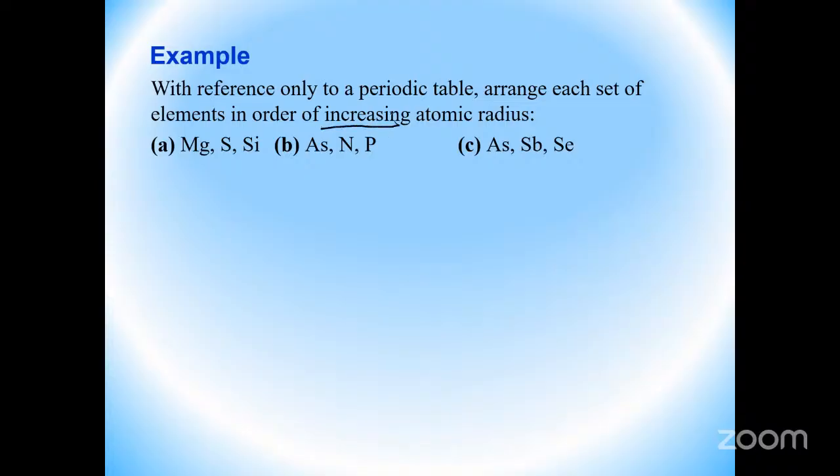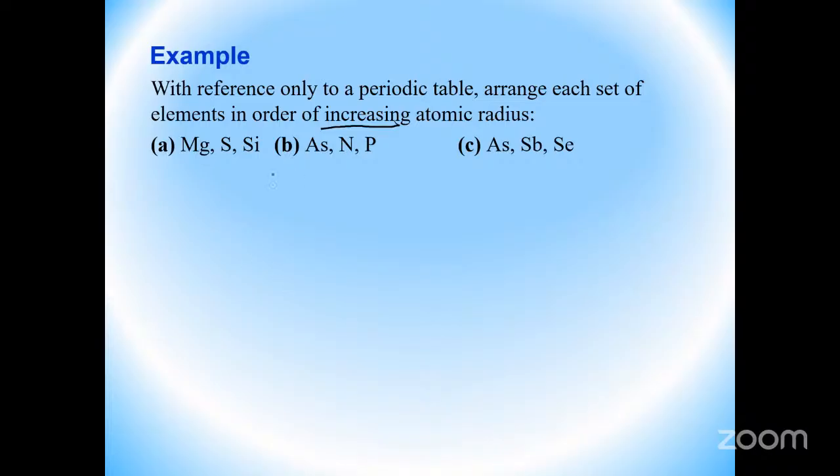In other words, you're going to start from the smallest radius to the largest, right? So between magnesium, sulfur, and silicon, which one would you expect to have the smallest radius? They're all in the same period. And remember now, going from left to right is how the radius will decrease, right? So between magnesium, sulfur, and silicon, which would have the smallest radius? Sulfur.